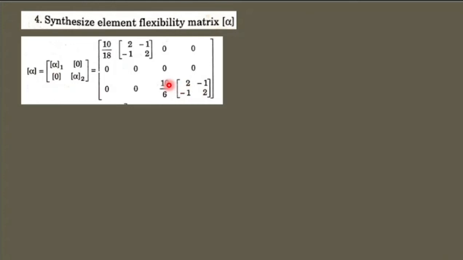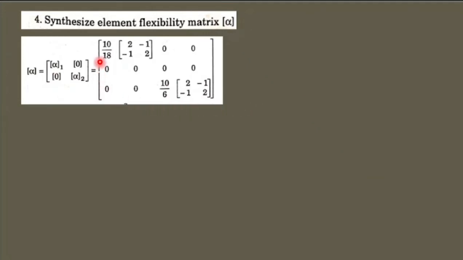L by 6 EI. So what is L? L is length, 10 meter divided by 6 EI. What is EI for span BC? EI is 1. So 6 EI will be 6 into 1. So 10 by 6, 2 -1 -1 2. So this will be the flexibility matrix.